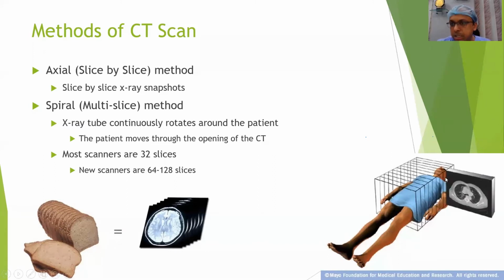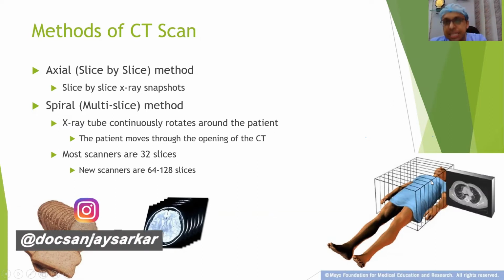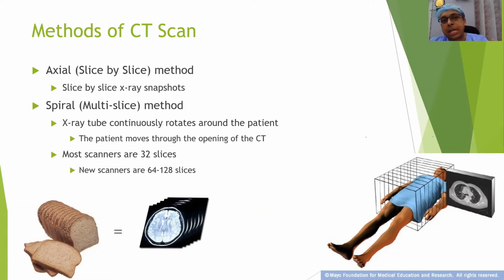So multi-slice is the picture on the right, where you can have multiple sections or slices computed together by the hardware and the software itself, projected in the scanner to have a three-dimensional image. Now, does that mean axial or slice by slice is not used right now? It is actually still used in practice.